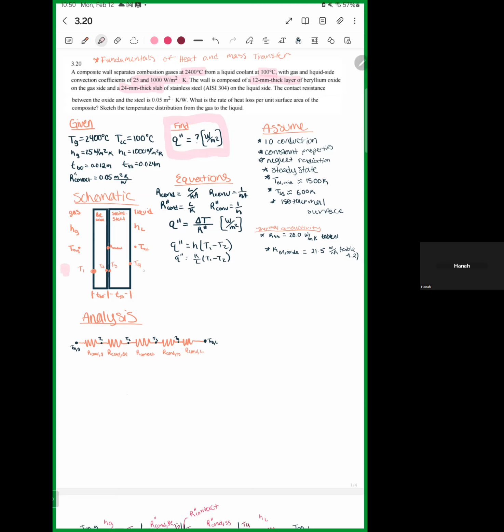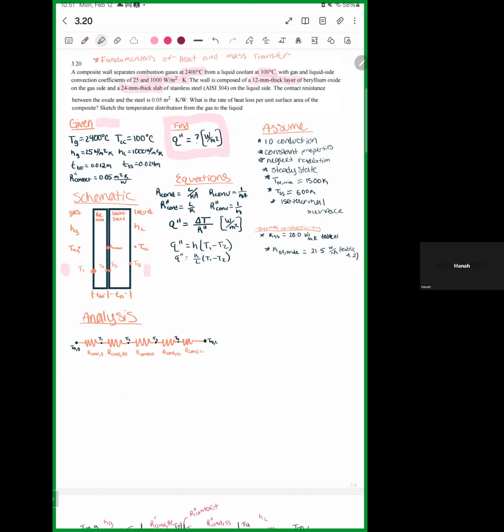So we looked at the givens a little bit, and they're written out here. Next, while we think about this problem, we're going to be using thermal resistances and thermal circuits to solve this.